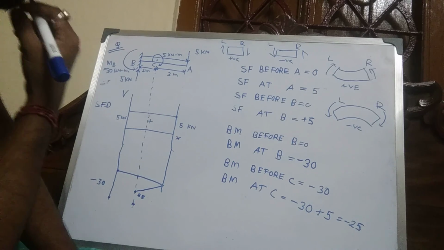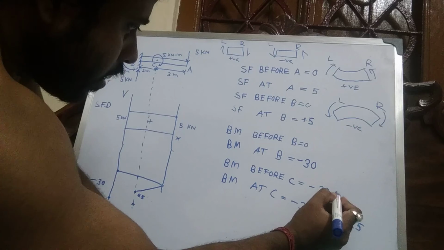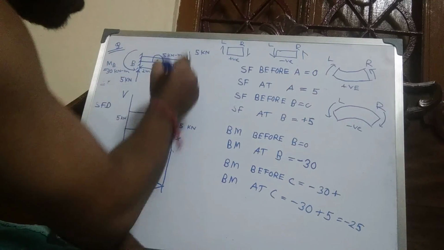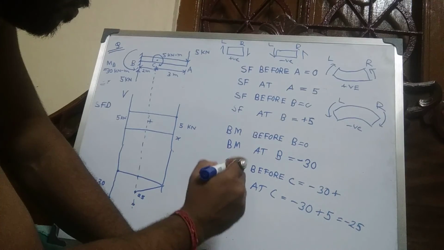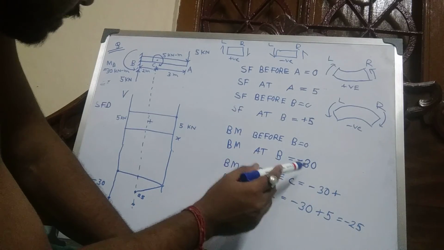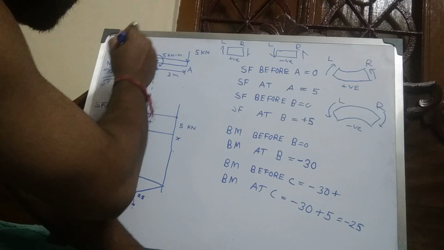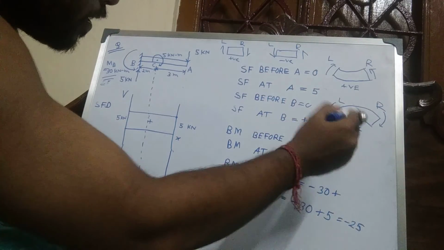before C, minus 30 into plus, this is clockwise. Suppose bending moment before B is 0, bending moment at B is 30, this is counterclockwise, counterclockwise negative.